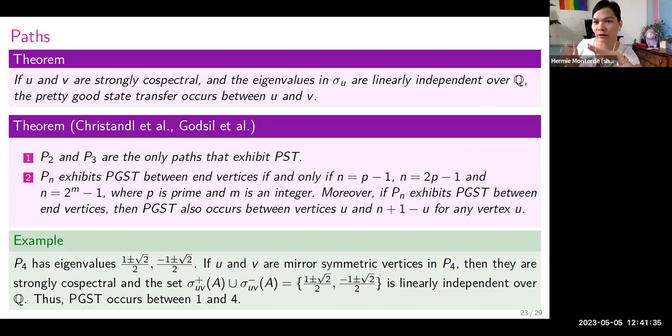Because if you want to create a quantum computer, you want the minimum number of qubits involved, right? But they're connected because you want to get from one end of a quantum computer to the other end. So you want to transfer that information reliably, but at the same time with the least resources possible. And that's why they are really looking at paths.